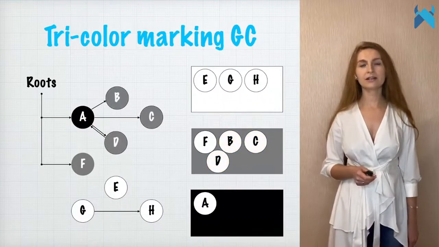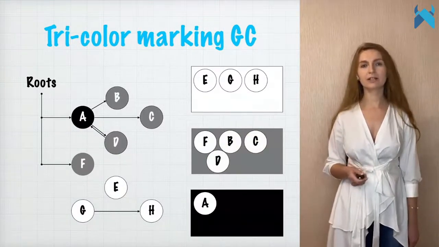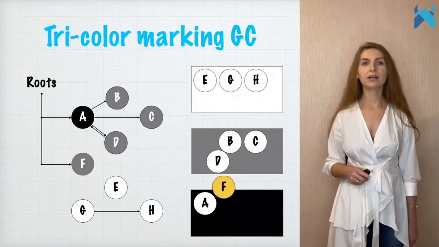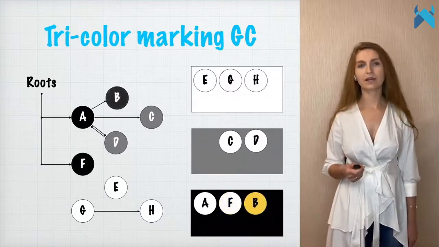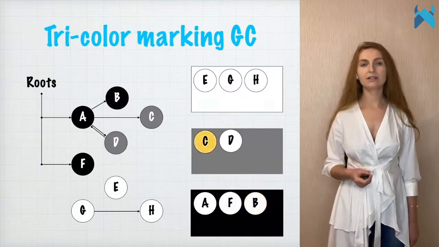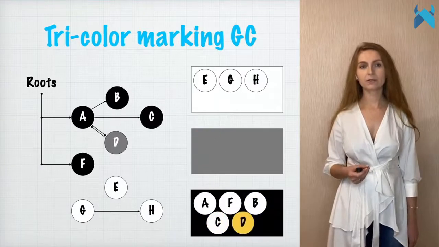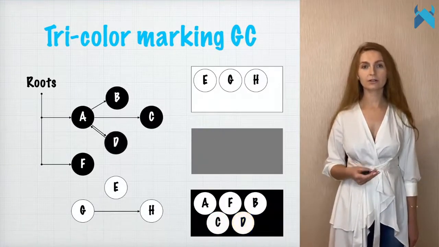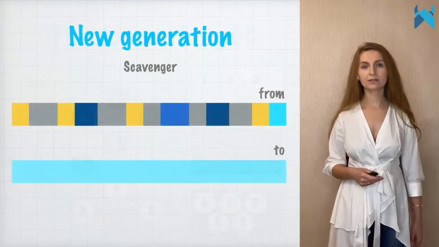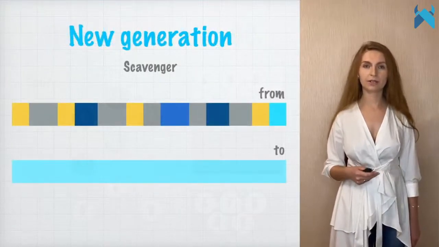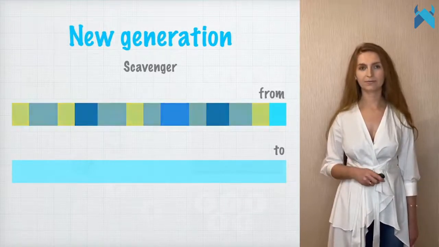This ensures that neither this object nor any object it references can be garbage collected. Repeat the last two steps until the gray set is empty. When the gray set is empty, the scan is complete. The black objects are reachable from the roots, while the white objects are not and can be garbage collected. Cheney's algorithm, on which the Dart VM new generation is based, implements such a three-color marking algorithm.